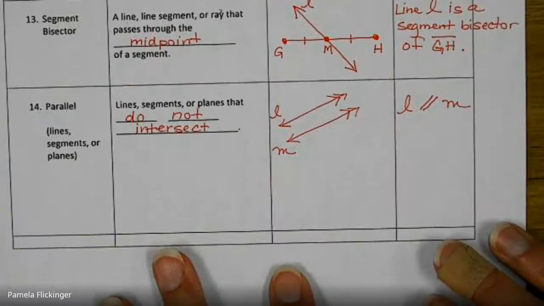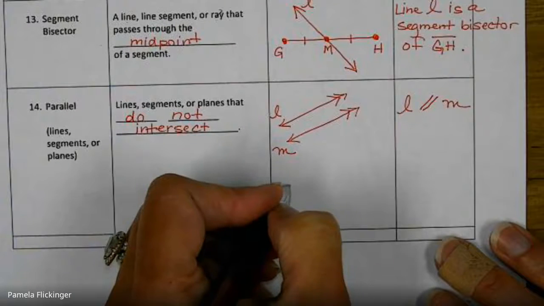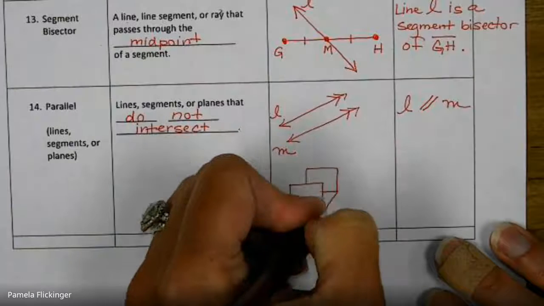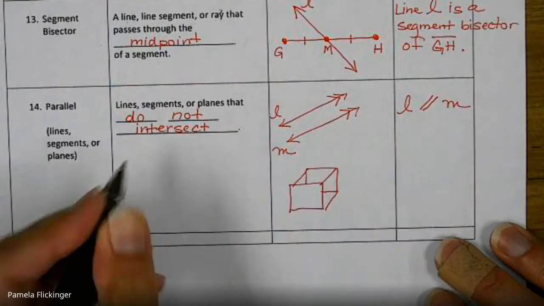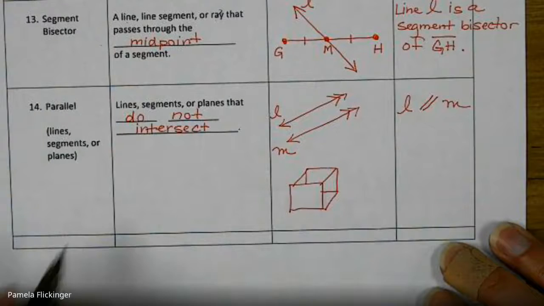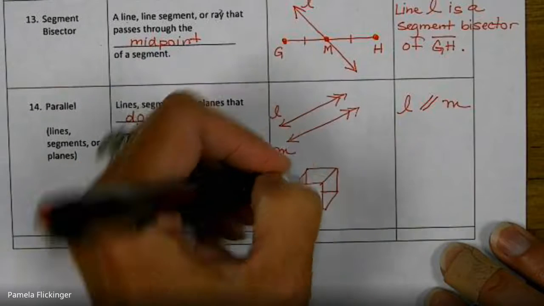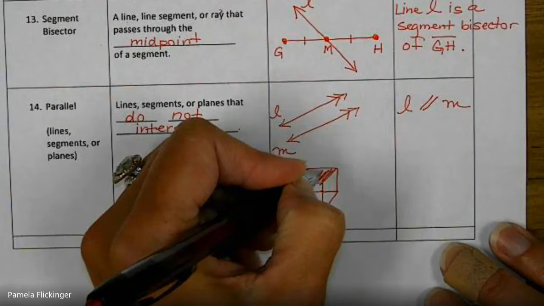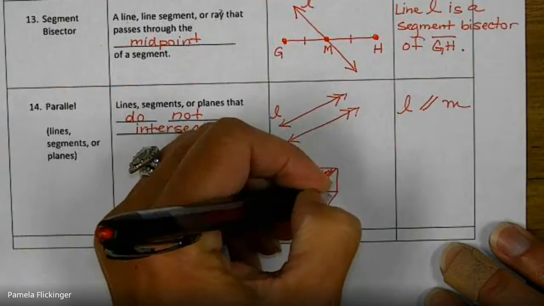Now, if we wanted, I want you to draw the box again. And let's color in, because I needed the full box. Let's color in the top and the bottom.